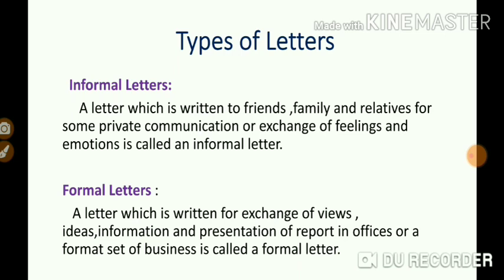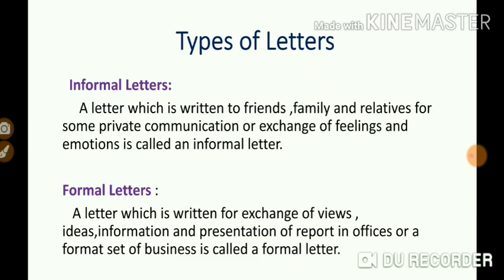Whenever you are writing a letter of leave to your principal, a letter to the district collector, a letter to the education minister, or a letter to any officer bearing a particular office, then we use this particular format of letter.